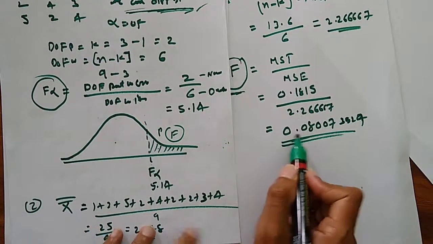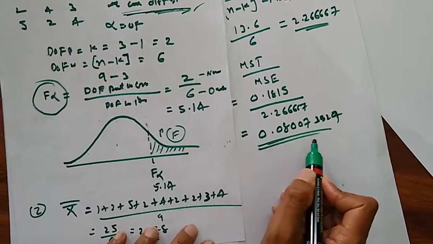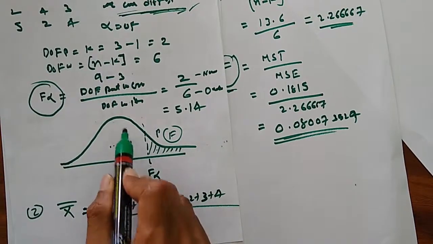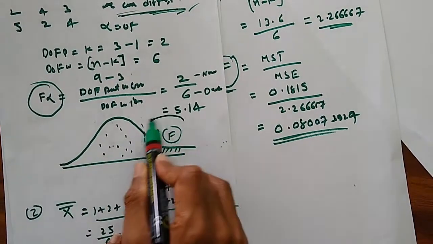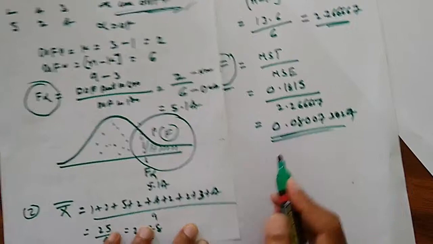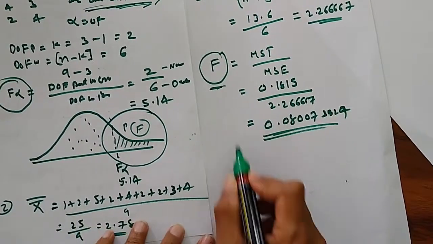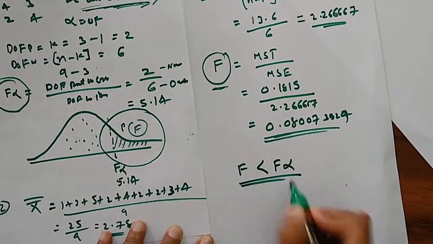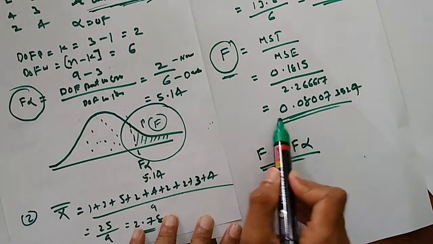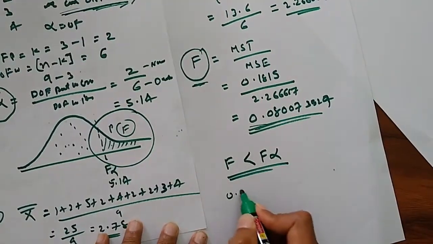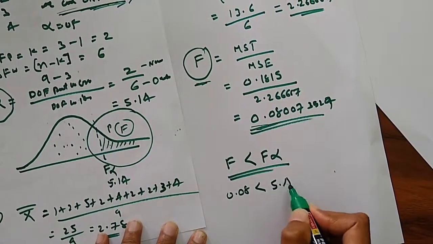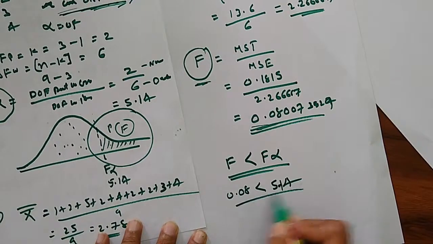That means this F value will be somewhere here, not in the extreme. Our F value, 0.08, is less than our F alpha, 5.14.